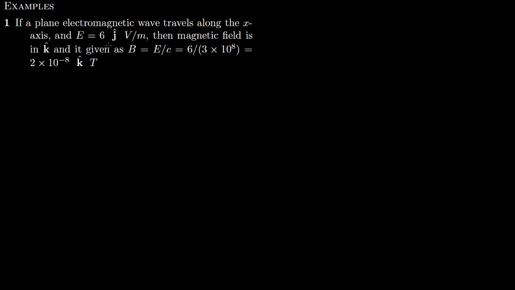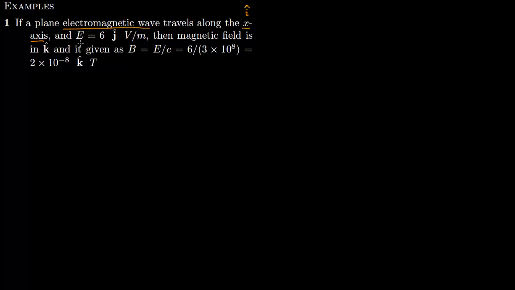We will now discuss some very simple examples based upon the two equations of the electromagnetic waves. Say you have an electromagnetic wave traveling along the x-axis, that is, along the unit vector i hat.